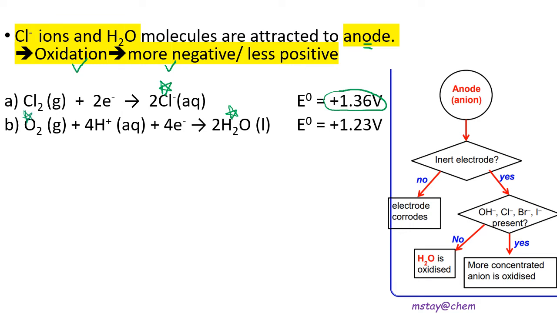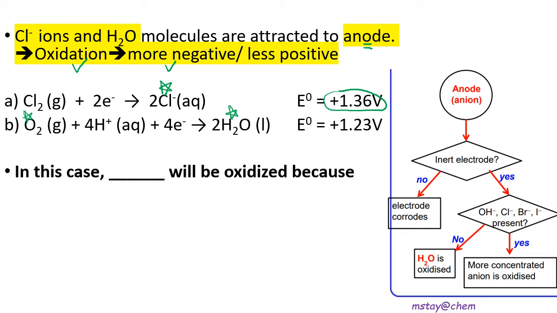Because we get these two half equations from the SRP values, both will be in the reduction form, but that is no problem because we need to choose which one will be selectively discharged based on the SRP value.